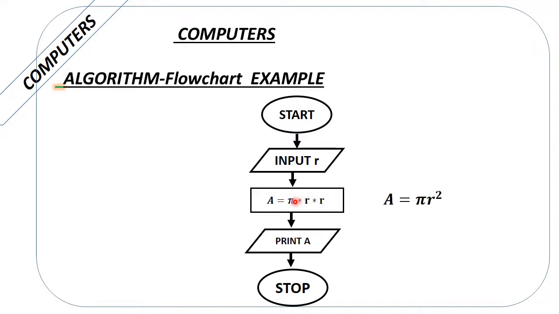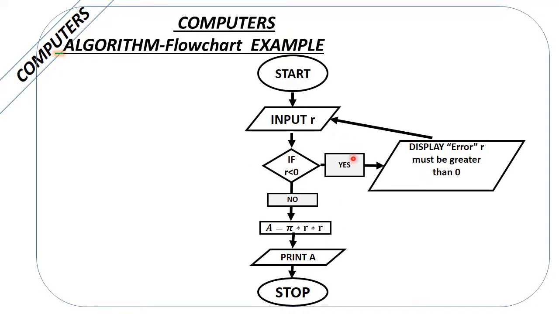So 3.14 times 10 times 10 is going to be 314 as your result. So on print A, the computer, calculator or your smartphone will show 314. So the answer was supposed to be 314 if the question was posed in the way I described.